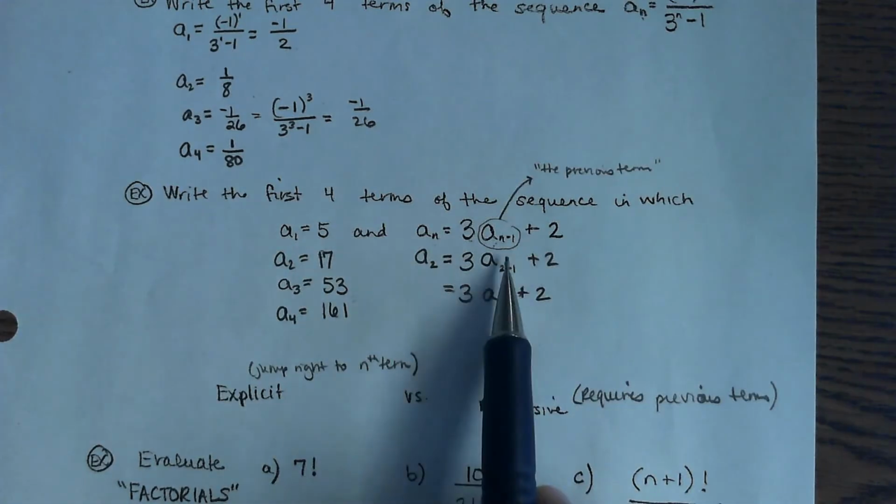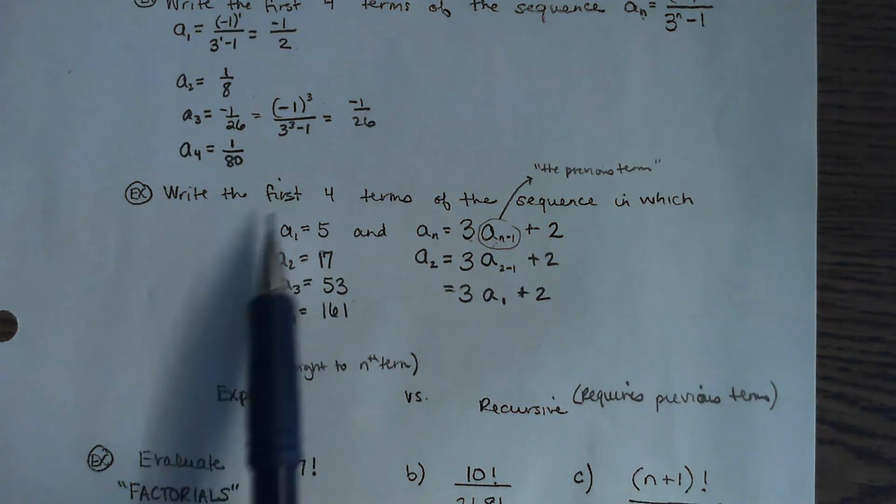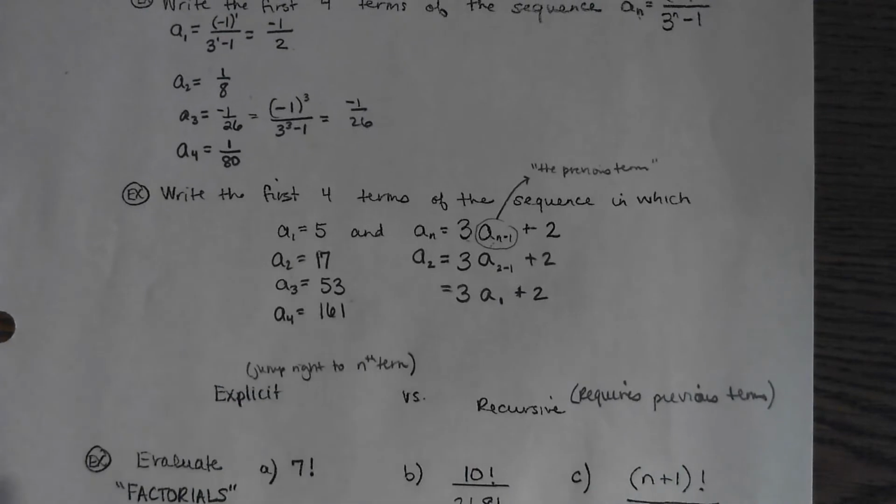It's when you have that subscript of n minus 1 or n minus 5 or n plus 4. If your subscript is an n plus or minus anything, that's indicative of recursive. Not only that, but recursive formulas have to tell you at least one term to begin with. Like this one gave us the first term, so they always have to give you a starting term as well.